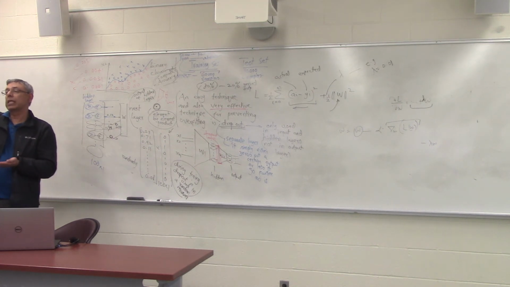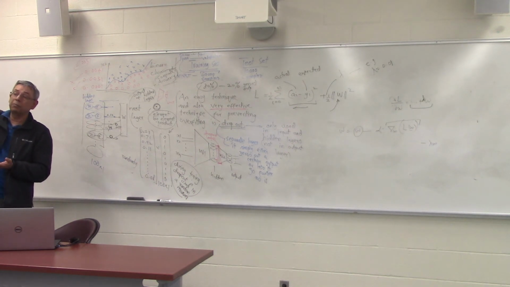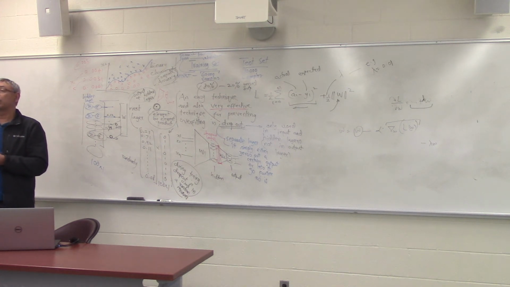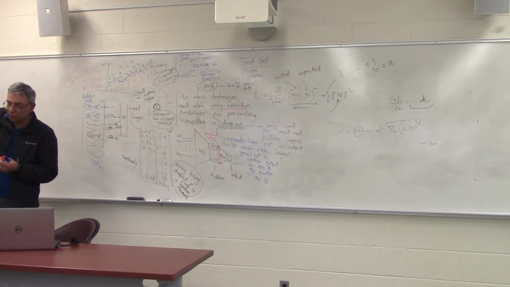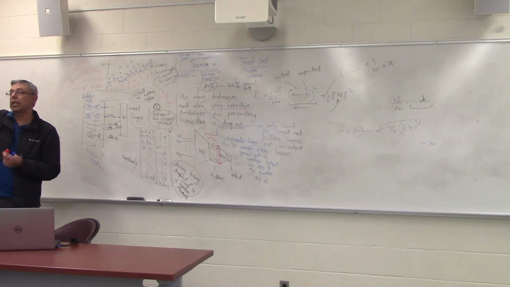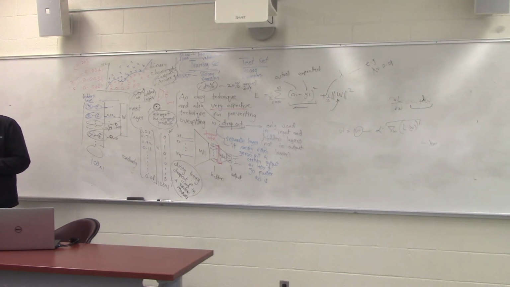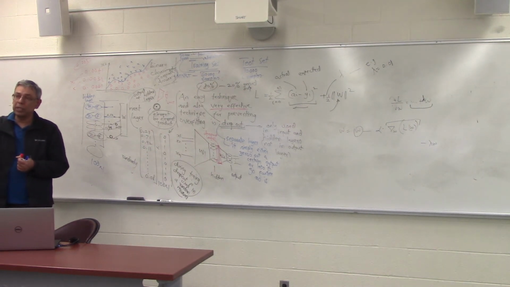For example, we may pick input number 582 first, then input number 987. We go through all 50,000, but in a random order.